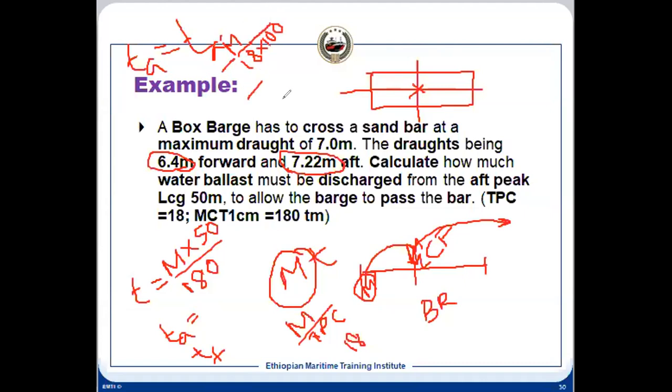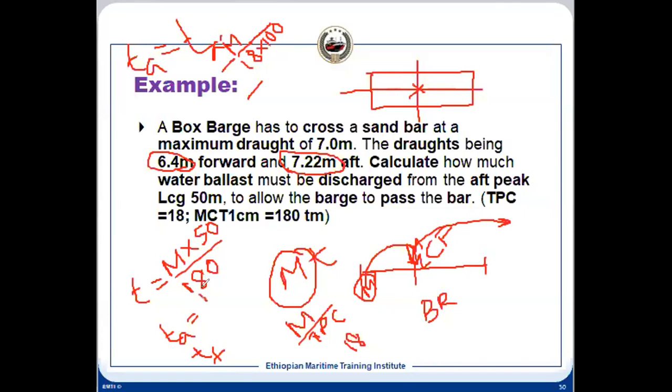This will be minus, because we have removed mass from aft of LCF, so the aft draft will reduce. How much will it be? This is the trim. If we calculate this, because here LCF is at the midship, it will be divided by 2.